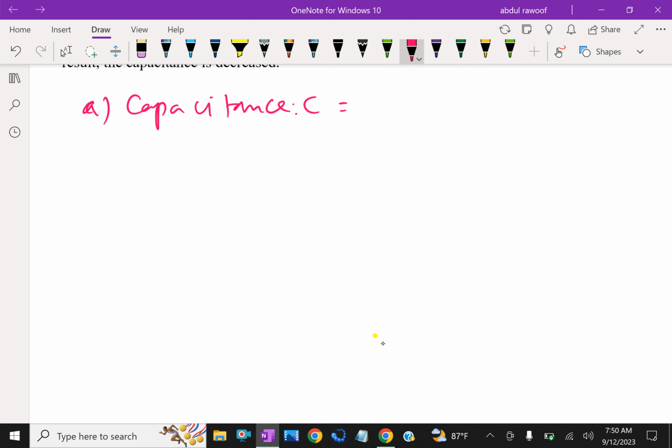Capacitance equal epsilon r, epsilon 0, A over D. Here, epsilon r relative is 5, and epsilon 0 is 8.85 into 10 power minus 12.